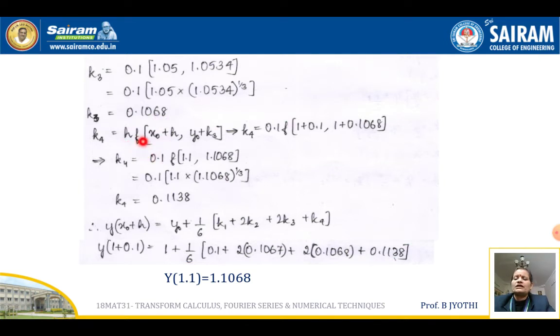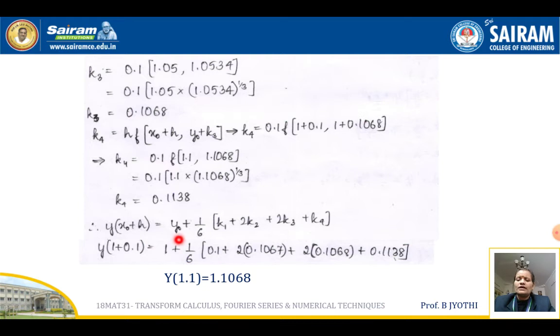K4 formula is h into f of x naught plus h, comma y naught plus k3, which on substitution and simplification we get 1.1 as the x value, 1.1068 as the y value. Thus on substitution we get k4 as 0.1138. Now what is y of x naught plus h?